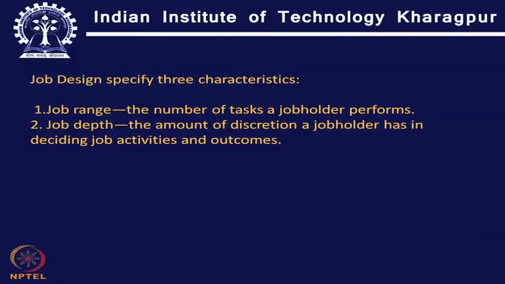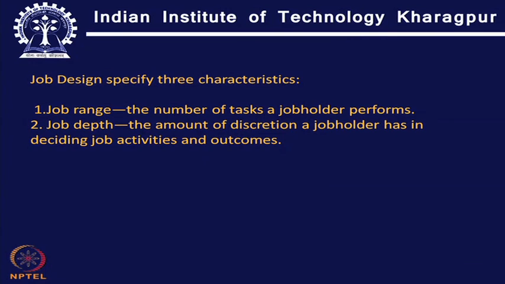This is very important for designing competency based job analysis and job description, because while talking of job designing it is related to the concepts of job range and job depth.